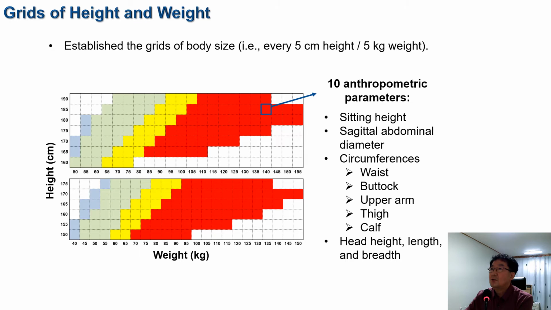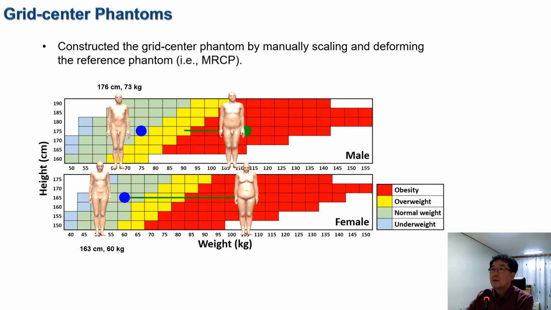Then for each of the grid location, we derived the target values for 10 anthropometric parameters. Then first, for each gender, we constructed the grid center phantom by scaling and deforming the reference phantoms.